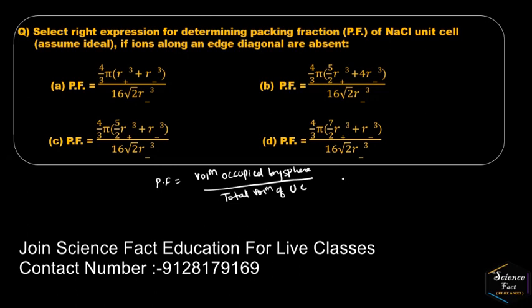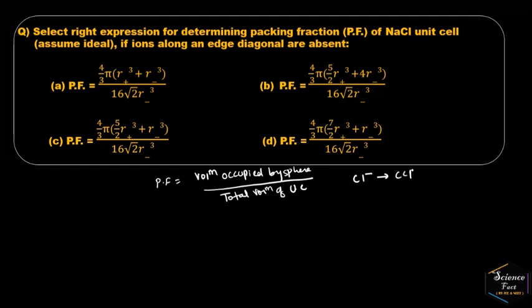In the case of NaCl, the Cl- ions are present at the CCP lattice, and the unit cell of this CCP lattice is nothing but an FCC unit cell, while the Na+ ions are present at all octahedral voids.